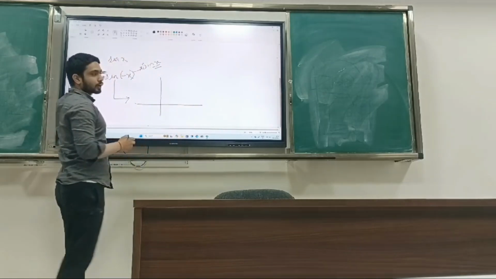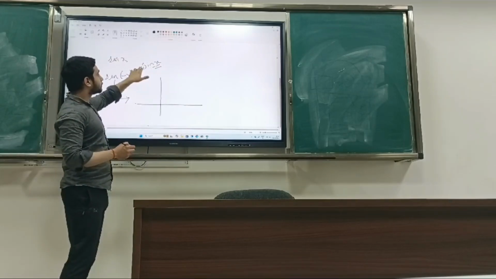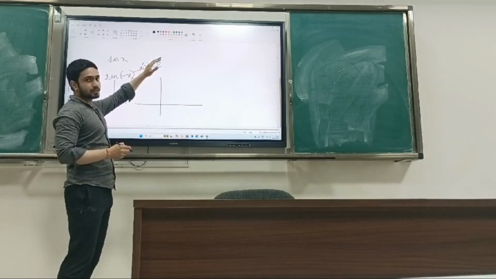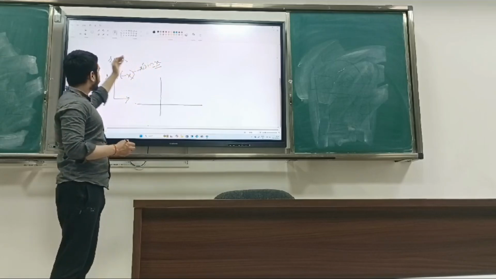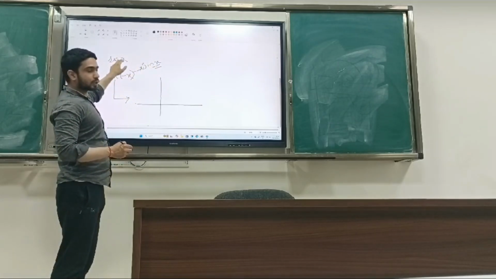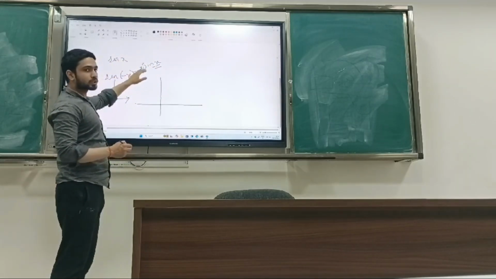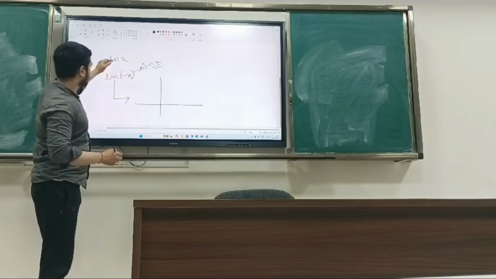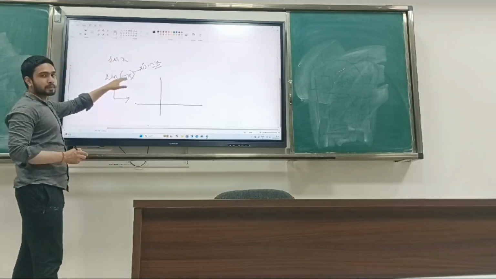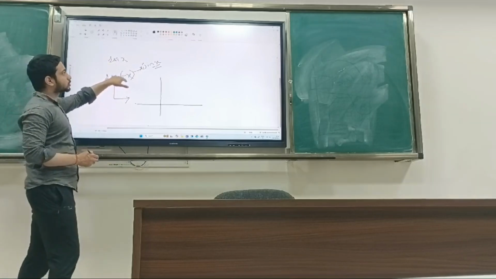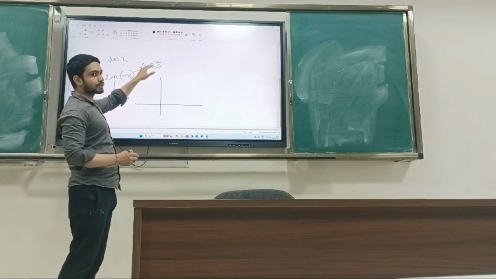So the reflection around the y-axis, and minus sin x is a reflection about the x-axis. So if we put a minus sign, both these graphs should be the same.